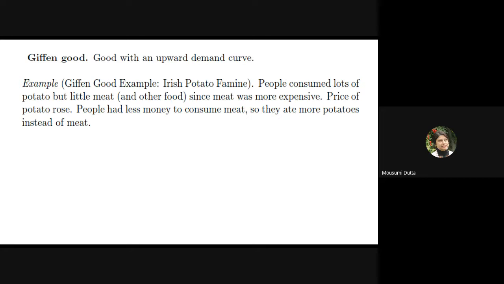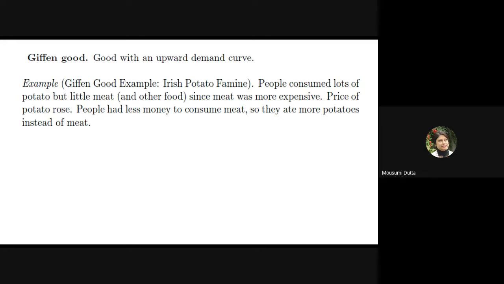People consumed lots of potato but little meat and other food, since meat was more expensive. Price of potato rose, people had less money to consume meat, so they ate more potatoes instead. So this happens for the very basic necessity items. If the price of those commodities increases, we reduce consumption of other items and increase consumption of that basic item. Therefore we get a proportional relationship between price and quantity demanded. This type of commodities are called the Giffen goods.